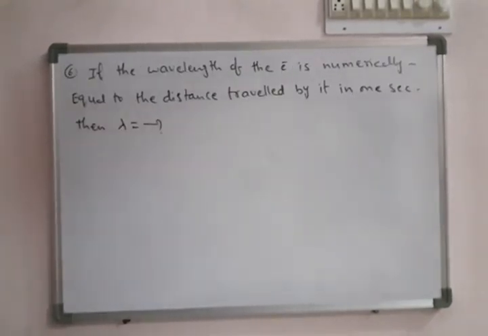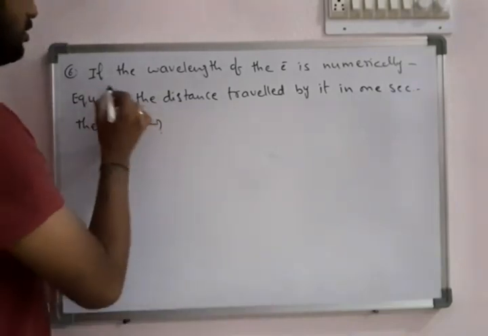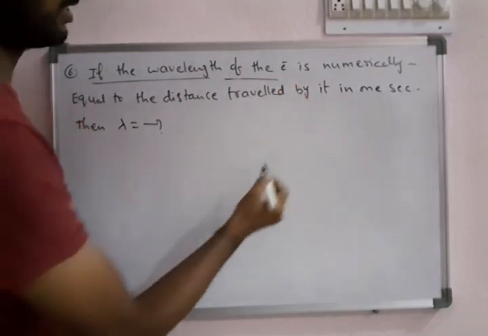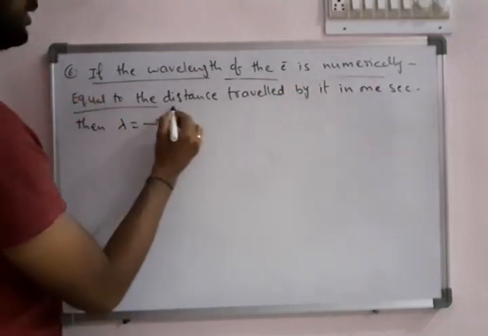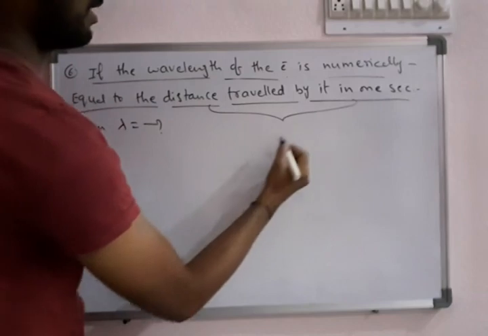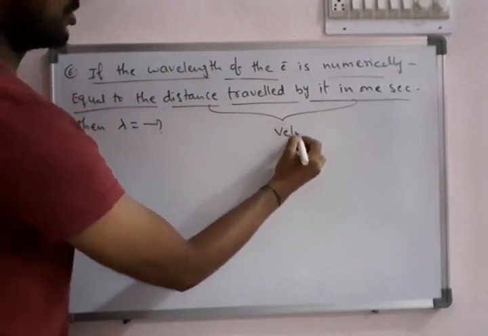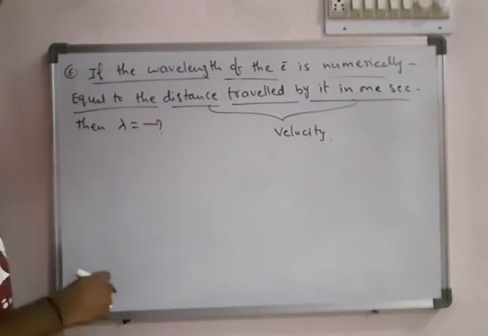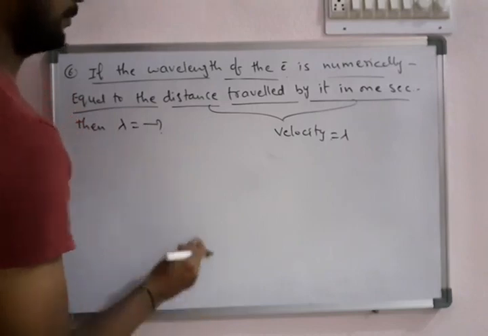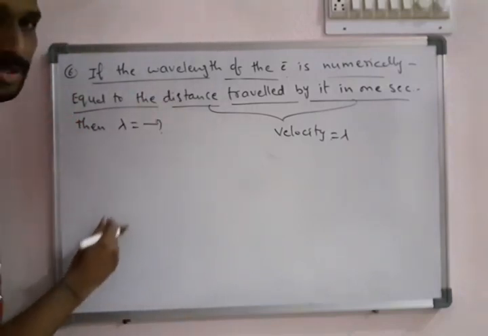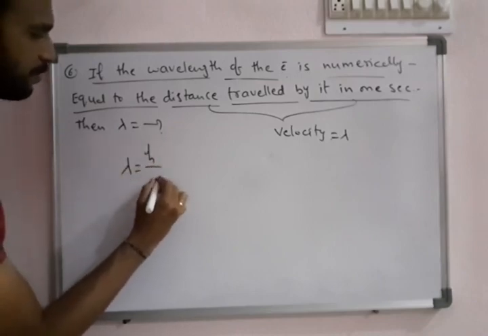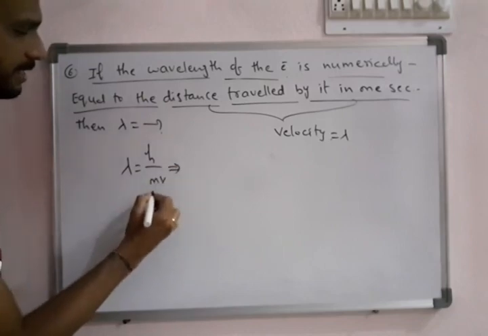So here it is given that the wavelength of the electron is numerically equal to the distance travelled by it in 1 second. Distance travelled in 1 second is nothing but its velocity. So velocity is equal to lambda. We know the general equation lambda is equal to h by mv.